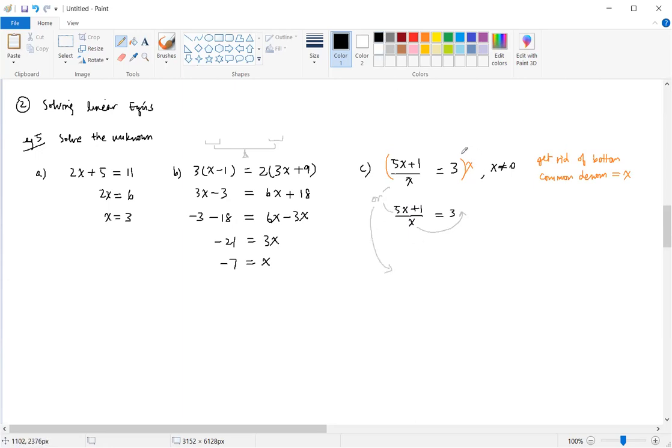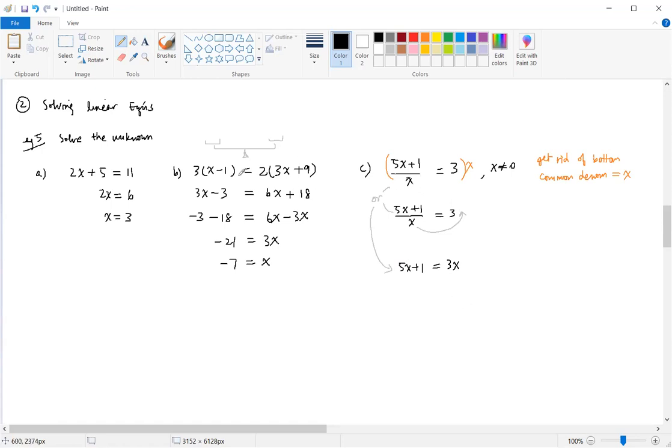You see, if you have x multiplied in, they cancel. You have 5x plus 1. Here, multiply the x to this, you just have 3x. So you think of it as multiplying the common denominator, you get to this line. Or actually, when you are dividing, you simply move it over, it's multiplying already. Then you get this line also. Both of them give the same result. Again, what we were looking for is that this is one layer, no fraction, then we can do it.